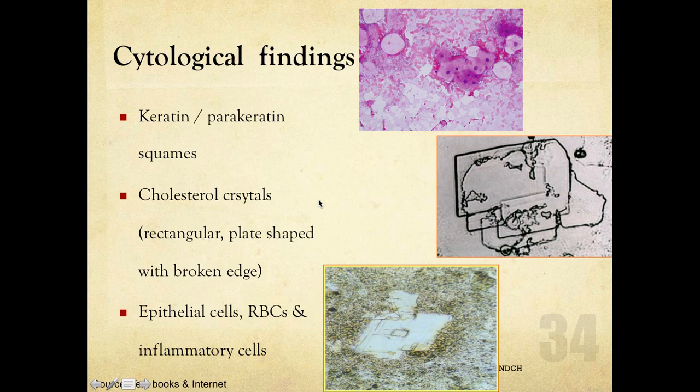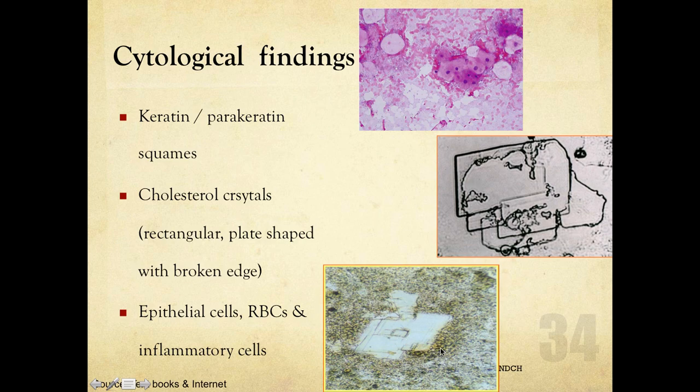With the smear further, you can do a cytosmear and record the cytological findings. Now on a cytosmear, if you get to see keratin or parakeratin squames, it is usually indicative of an odontogenic keratocyst. And if the cyst has cholesterol crystals, they appear as plate-shaped, rectangular crystals which are piled up on each other with broken edges.